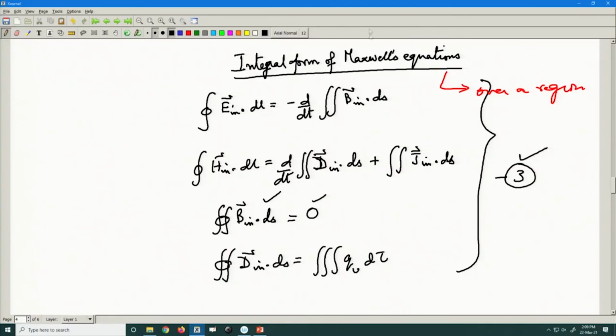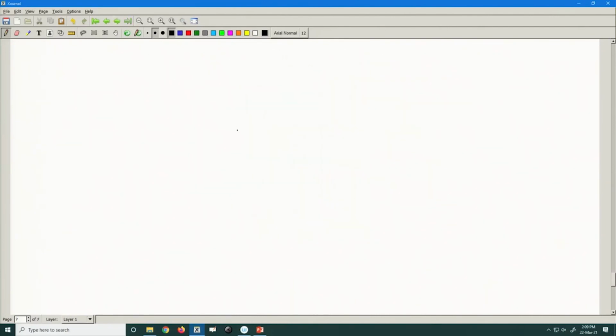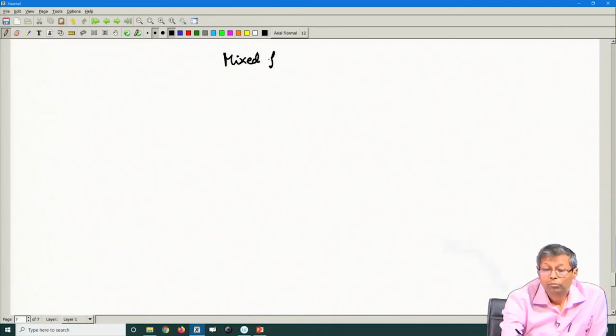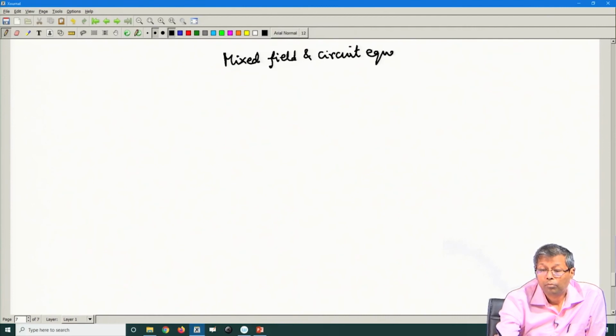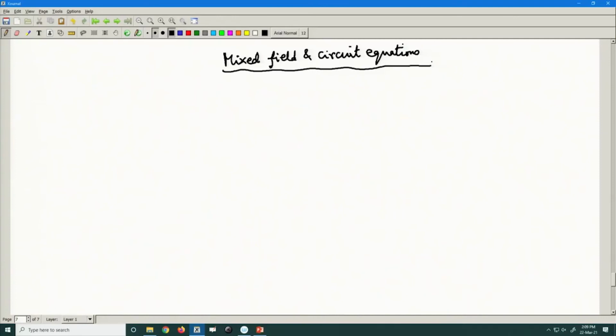How do we do that? We just simply use these notations and we can write equation number 3 in mixed field and circuit form. Very simple.